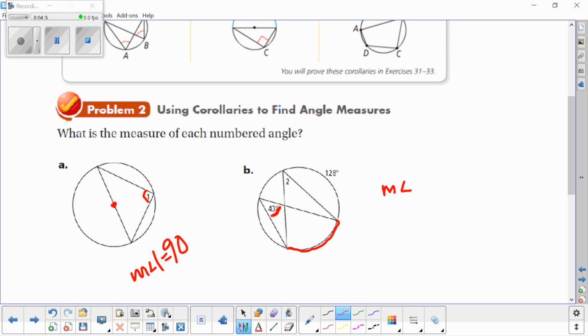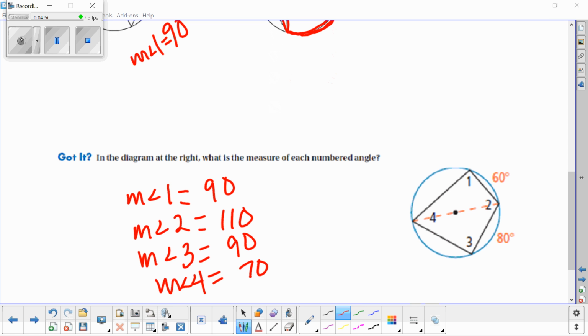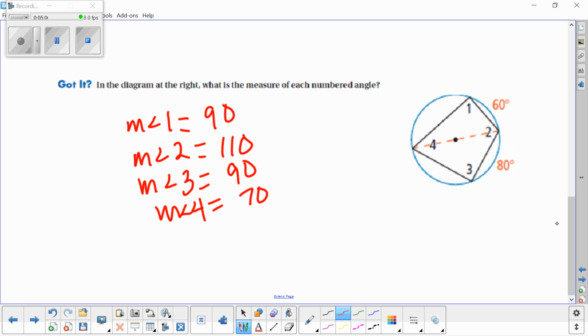So the measure of angle 2 is equal to the same thing because it's cutting off the same arc. Why don't you try one of those, see if you can find the missing angle. Here's what I got. I hope we're agreeing on that.